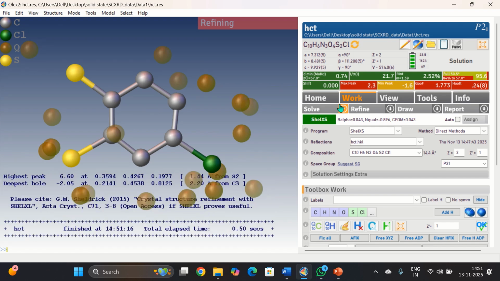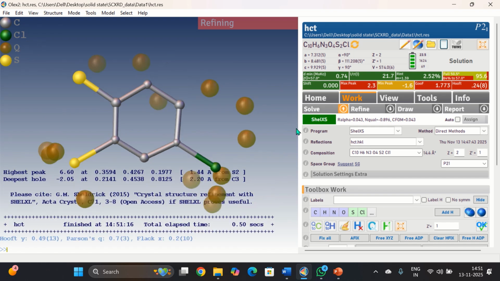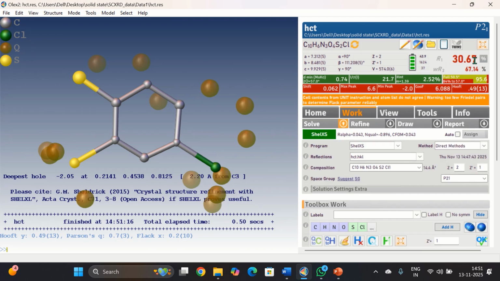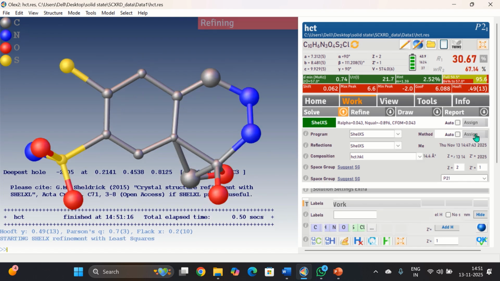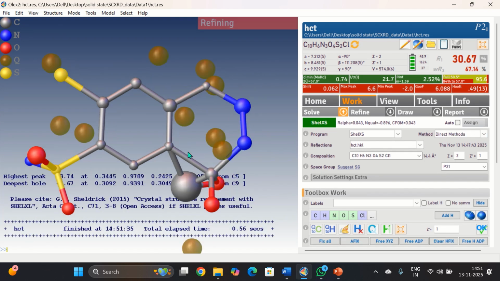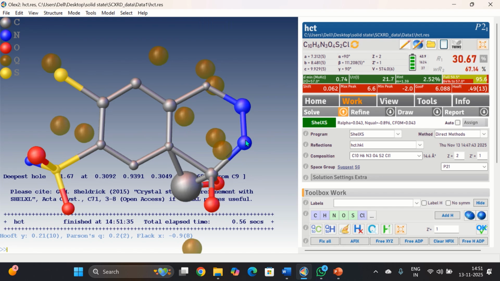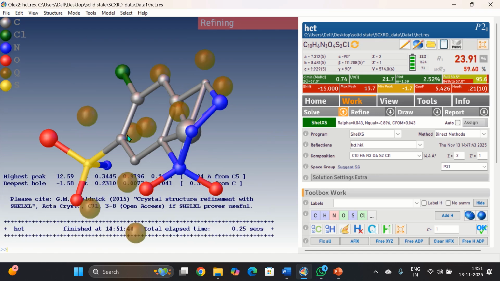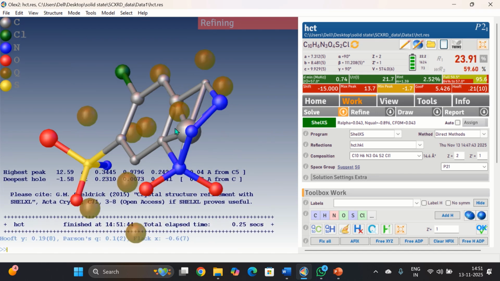It starts refining and gives us a particular value of R, which is 30%, which is very large. Obviously we have not solved it quite right yet, so I will just assign the atoms, and it will start assigning on its own, and it will give us a structure like this, which is obviously not right.